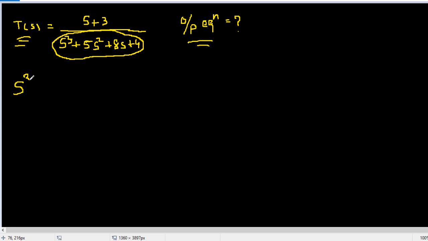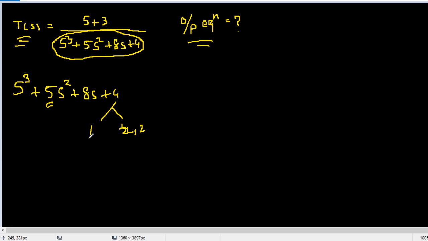If we have s cubed plus 5s squared plus 8s plus 4, factorize this term, which comes out to be 1 and 4. That gives us 5, which we can relate to this term. Then we can again factorize this as 2 and 2.